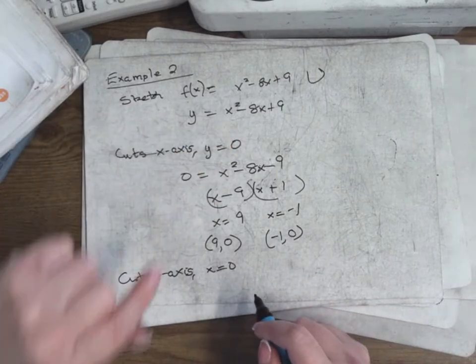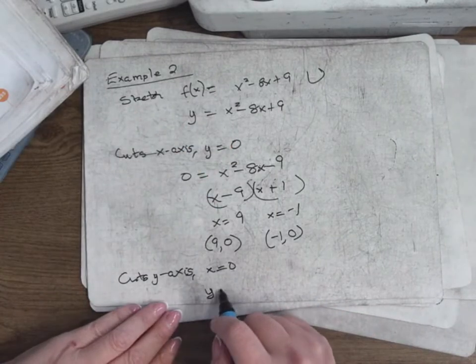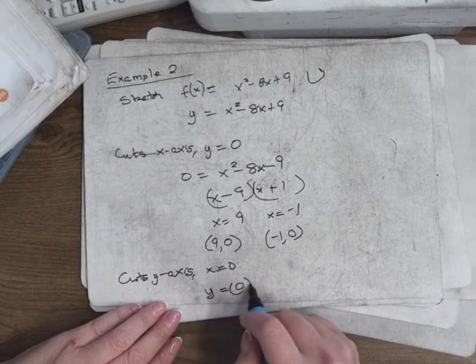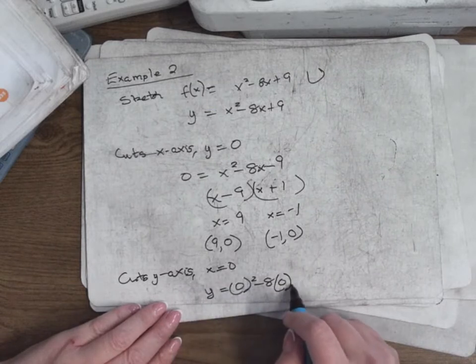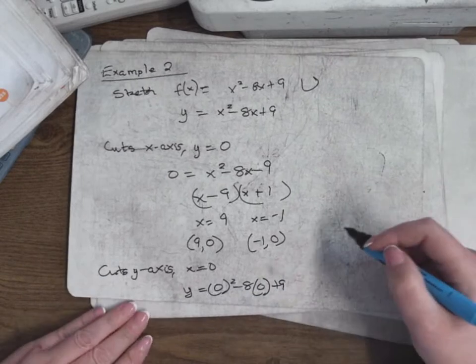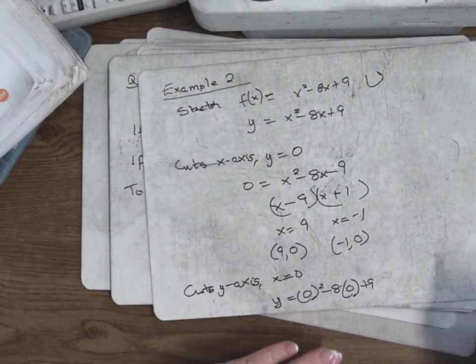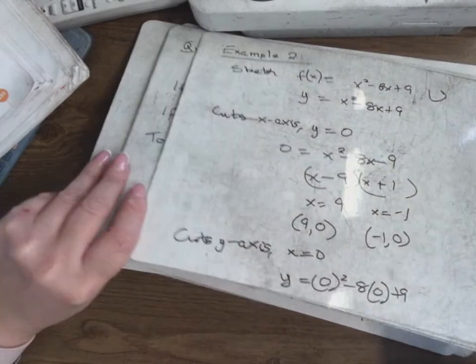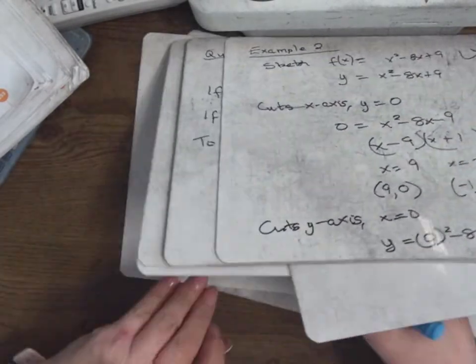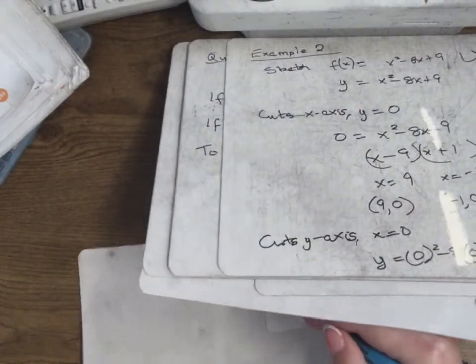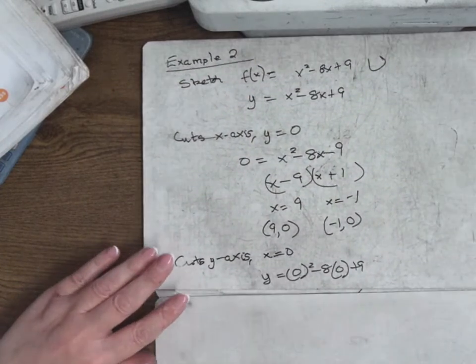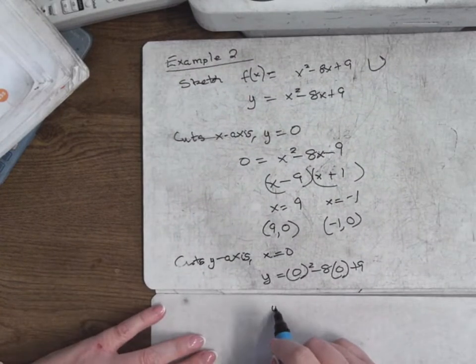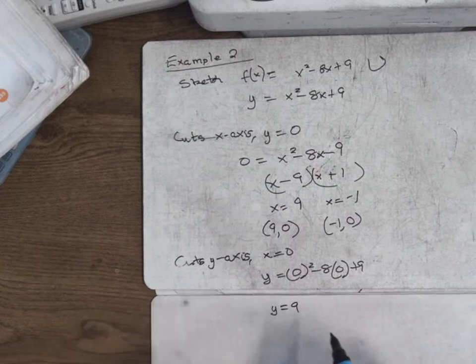So into the equation, everywhere I see an x, put a naught. So you get y is equal to naught squared minus 8 times naught plus 9. So that works out to y equals 9. So that's another point.